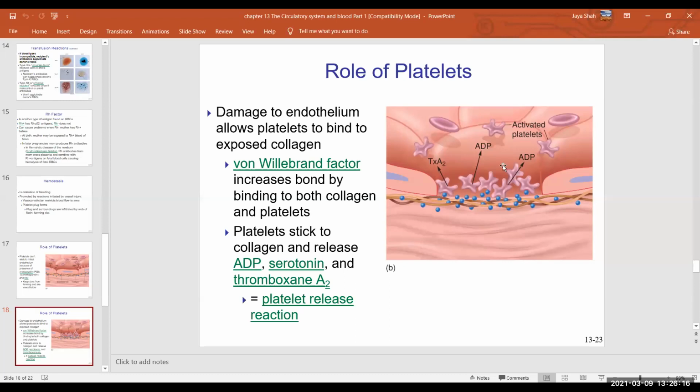And then more ADP is formed, and this ADP activates platelets, which is called platelet aggregation and platelet release reaction, and the clump. Then later fibrin comes in and makes it a stronger wave of platelets and seals the cut here.